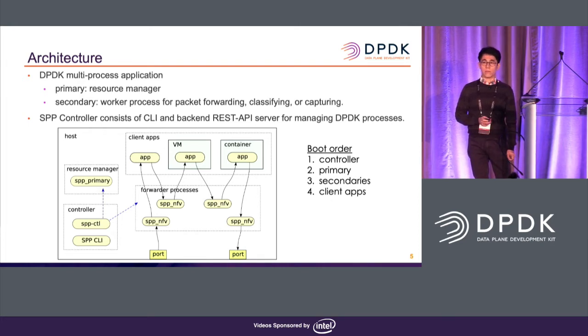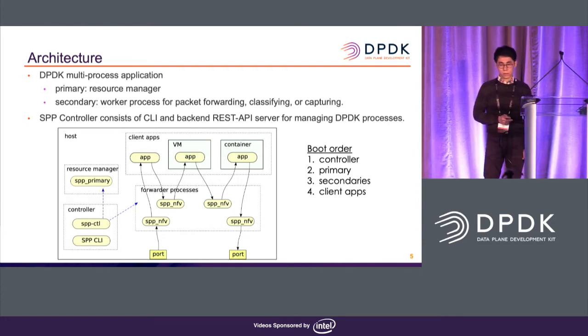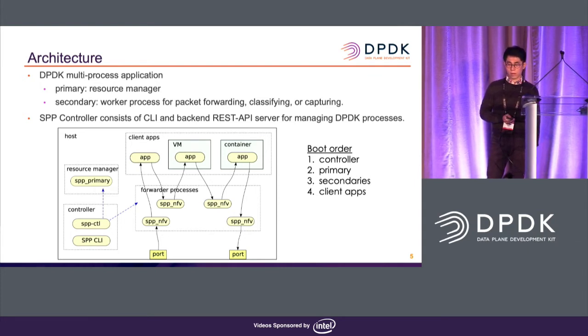One is for simple packet forwarding, another is for classification, and another is for mirroring packets. SPP also has a controller for managing the DPDK processes, and the booting order should be kept. The controller is first, then primary and secondary, and the client's application also.